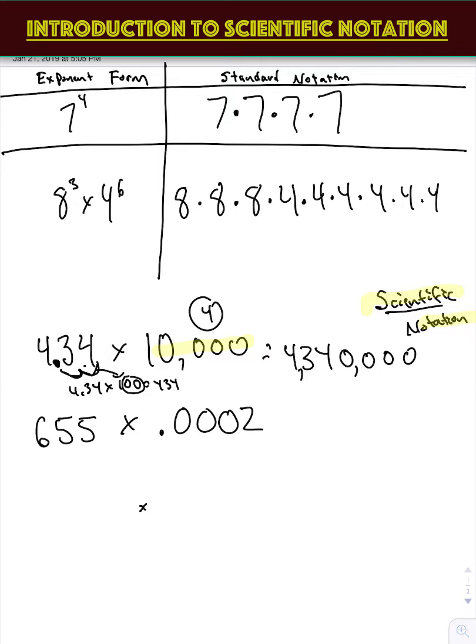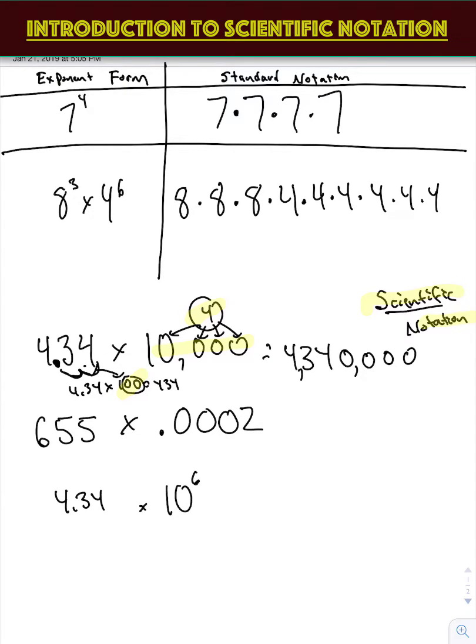Additionally, I have 4 zeros here, 1, 2, 3, 4. So in scientific notation, that number is written as 4.34 times 10 to the 4th, because I have 4 zeros there, plus 2 zeros here, so it'd be 10 to the 6th.